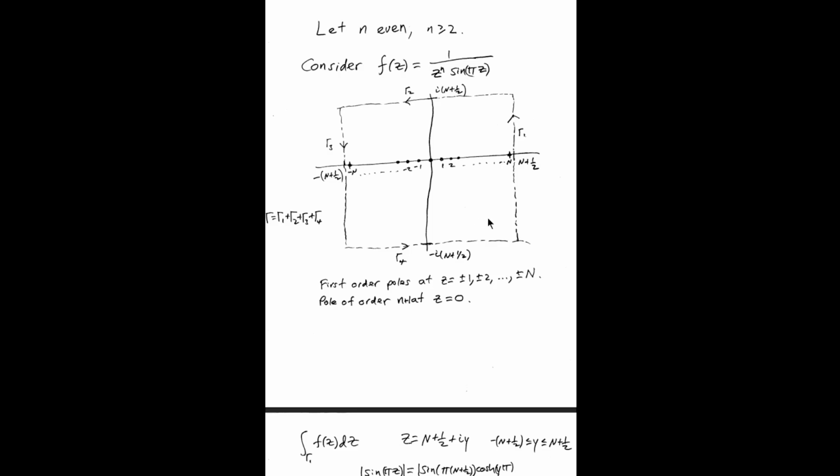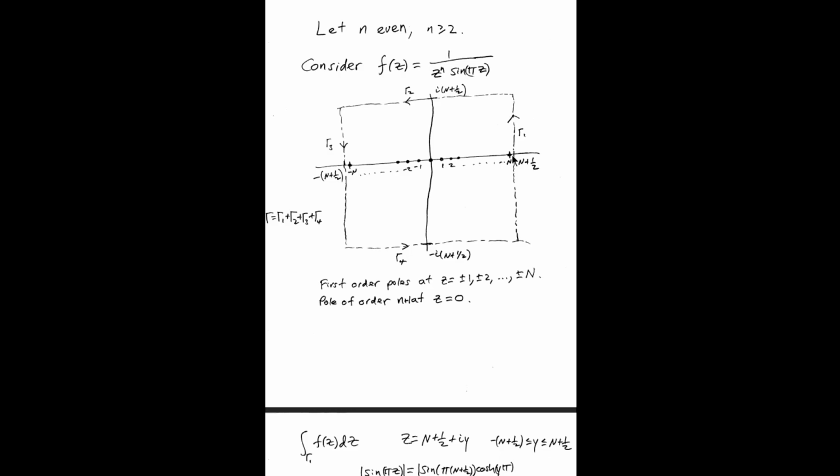For instance, we might start down here at the lower right corner. The coordinates of that point would be n plus 1/2, minus i times n plus 1/2. This is gamma 1. We're going to go up through the x-axis at n plus 1/2.